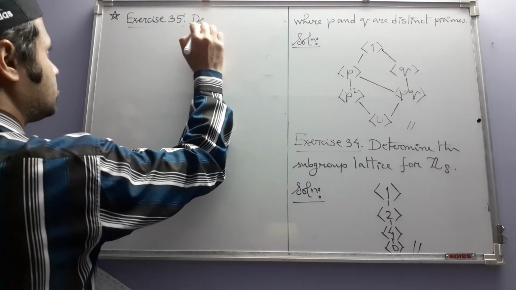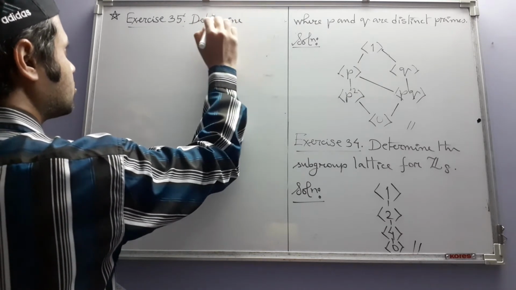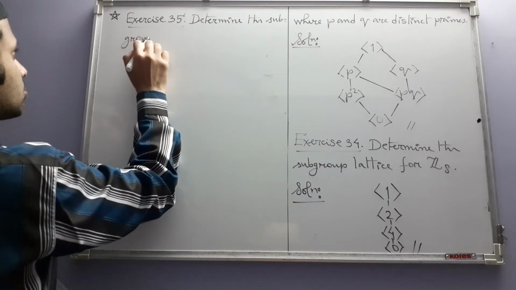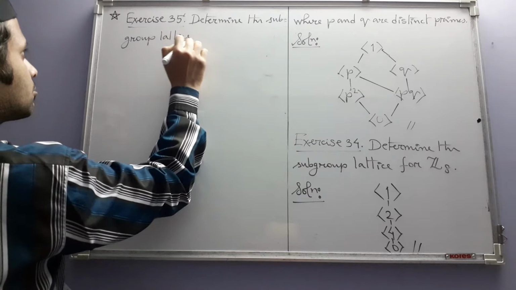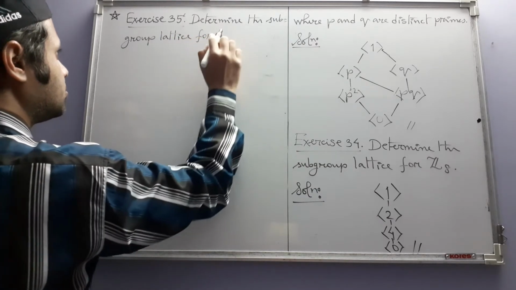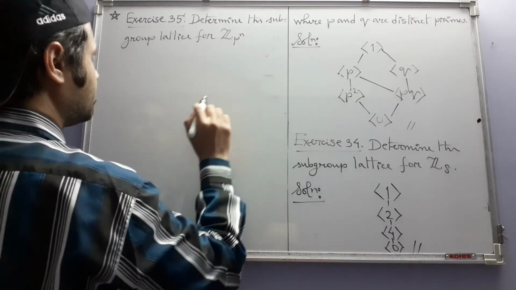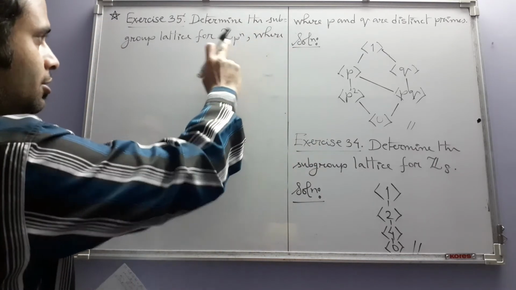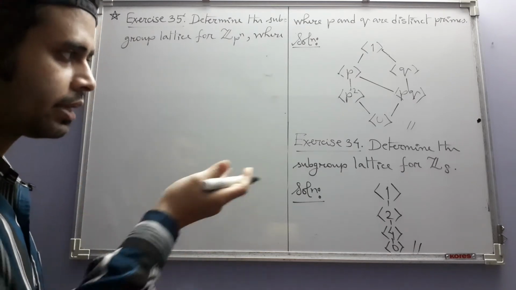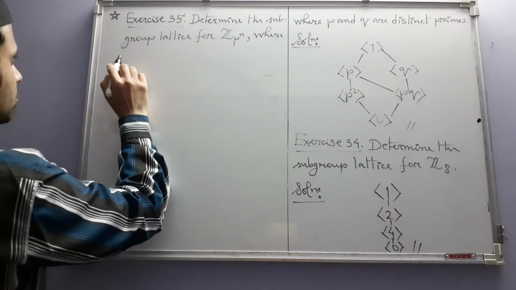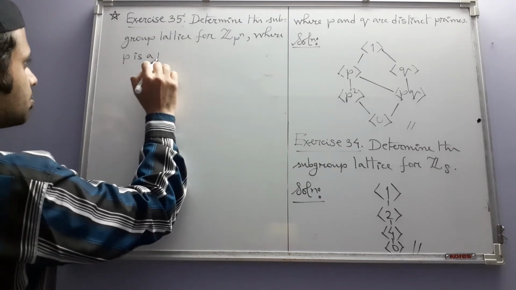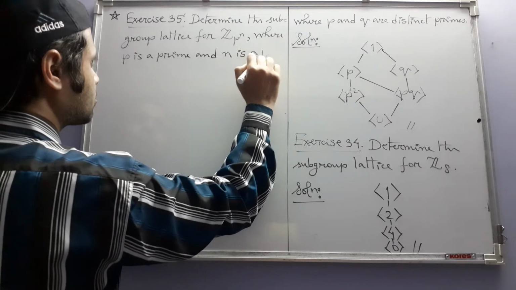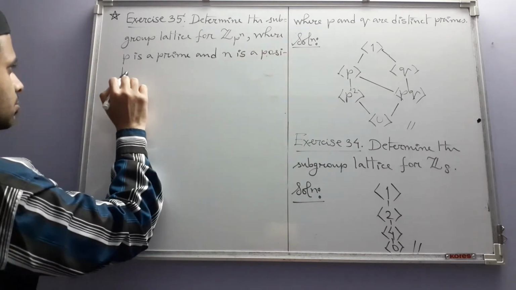Determine the subgroup lattice for Z p to the power n, where, just like 8, this also is a power of a single prime, like 8 is a power of 2, where p is a prime and n is a positive integer.